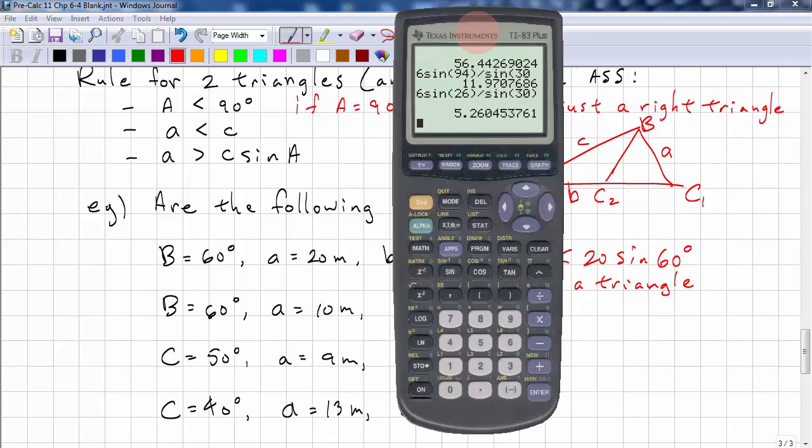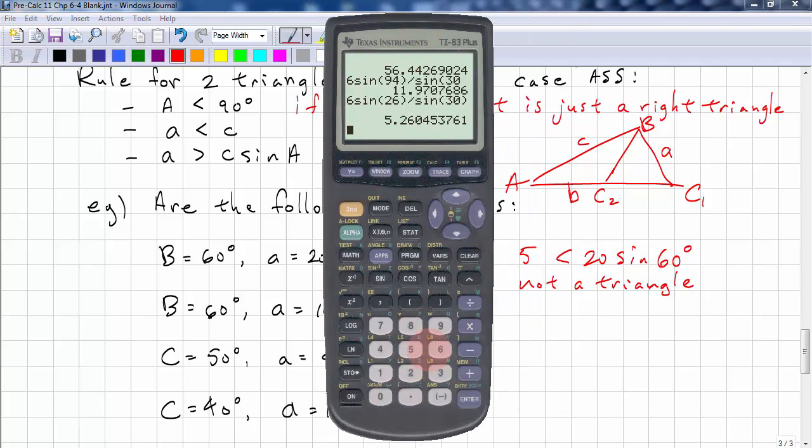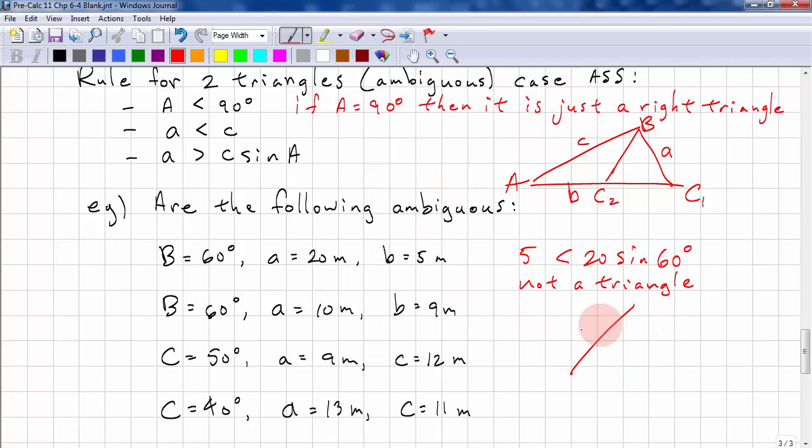Okay, so we can test this on the calculator. 20 sine 60. That's 17 meters. So what we have is this case, 17 meters, 60 degrees, 5 meters. It just won't reach the other edge.